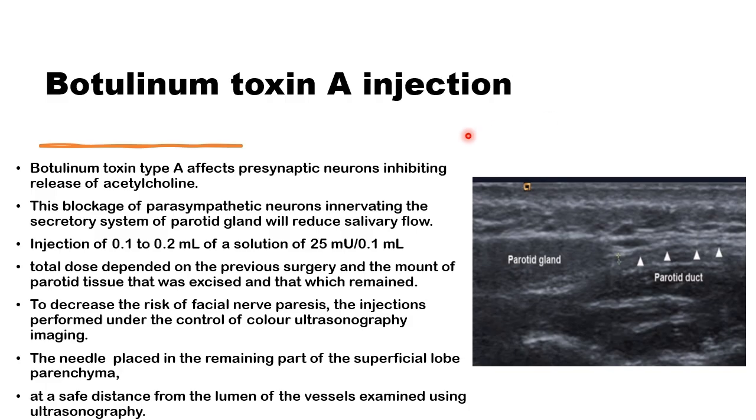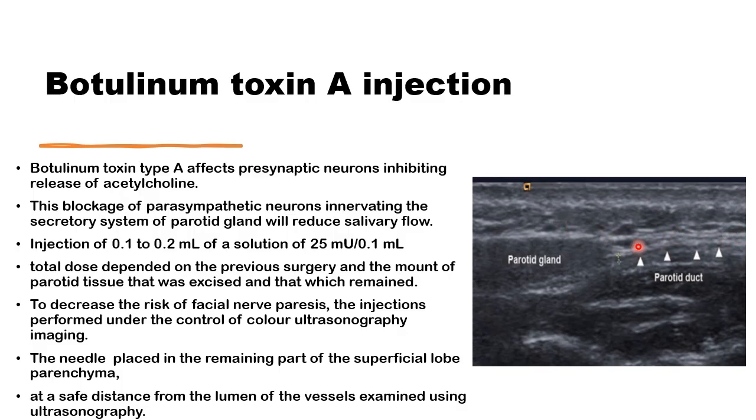If conservative management fails, the next thing to try is Botox A injection into the residual parotid tissue. Preferably, this is done under ultrasound control, where you would identify the residual parotid gland tissue and the duct itself.